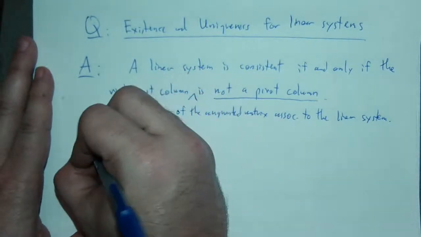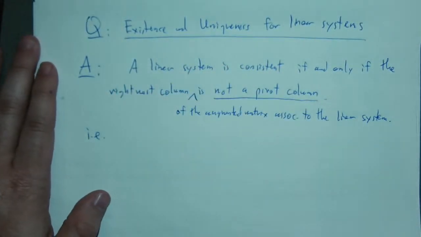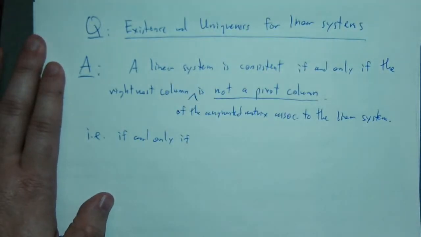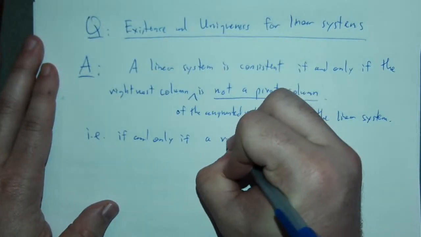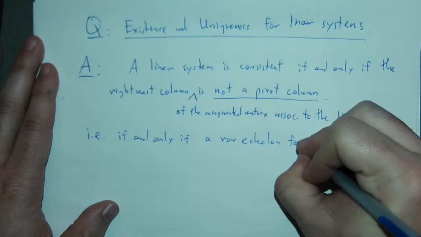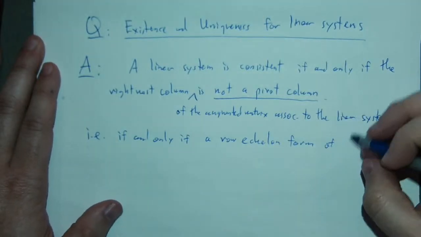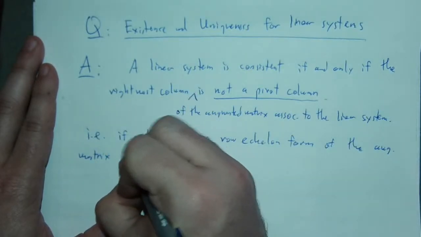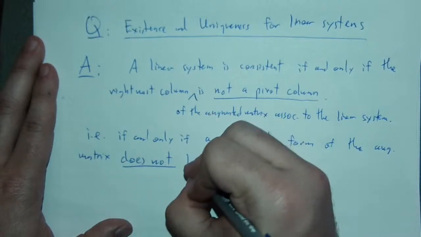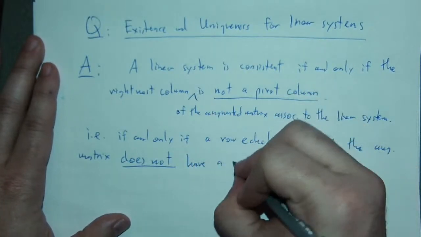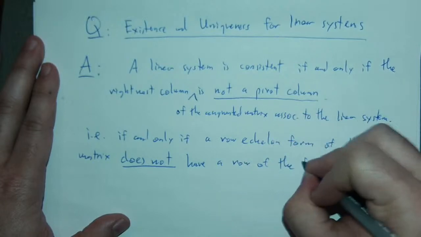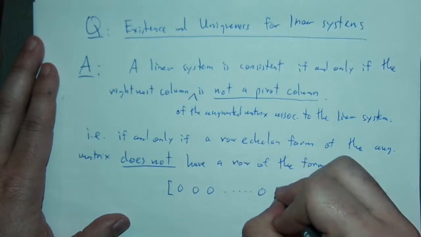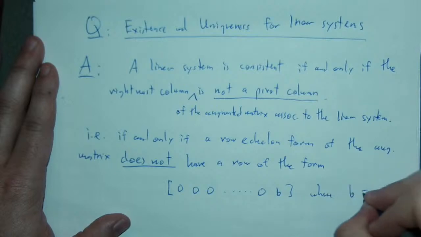I.e., if and only if an echelon form or row echelon form of the augmented matrix does not have a row of the form 0, 0, 0, 0, B, where B is not 0.